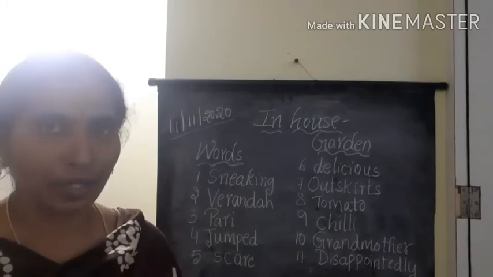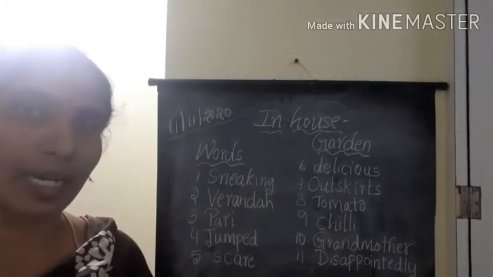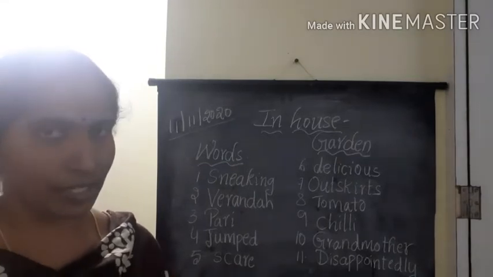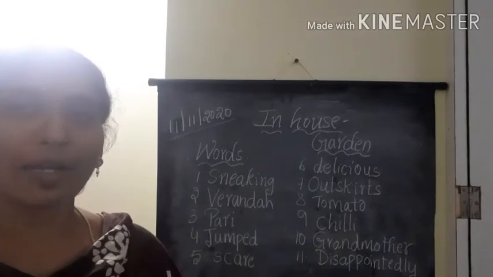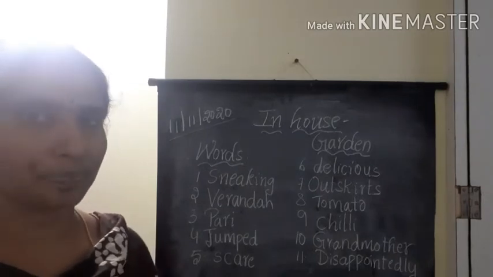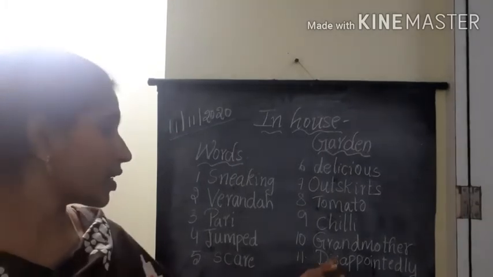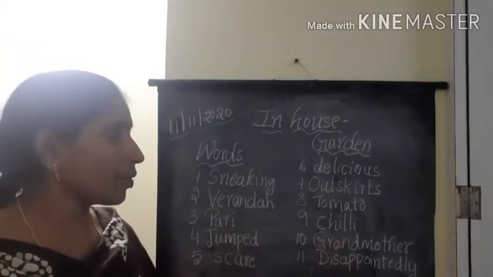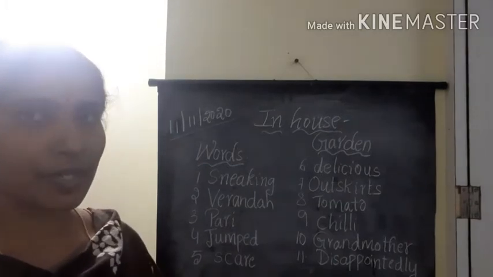Nowadays means these days. The vegetables which we buy in the market are not fresh. But if I grow my own garden, I could get fresh vegetables. Yes, children. She is answering Pari. Who wants to eat fresh vegetables?